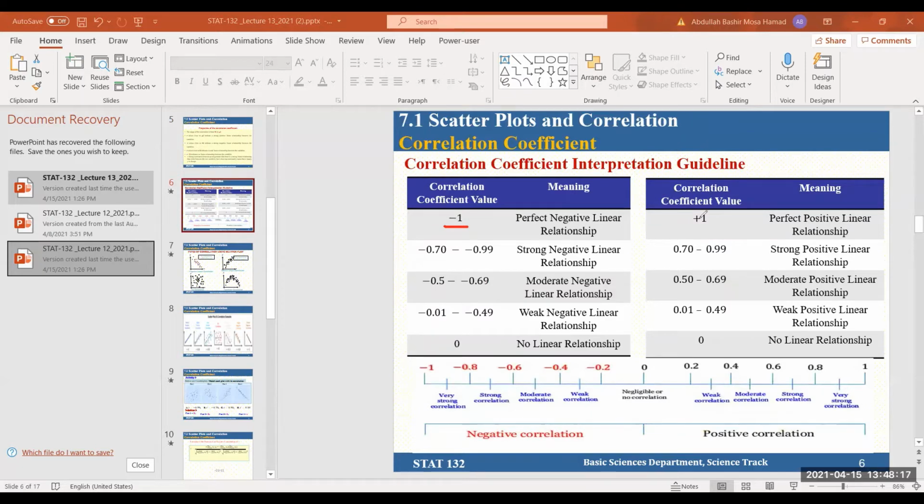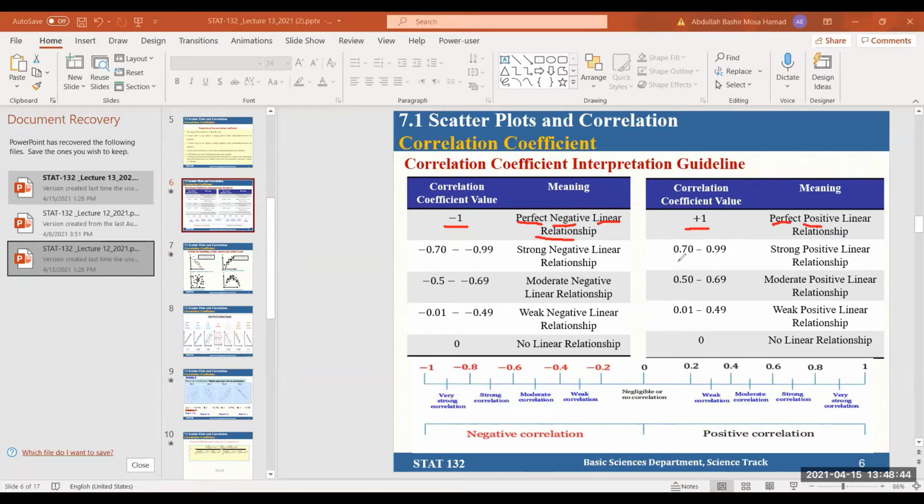In real life, we don't have this exact linear line relation in statistics, so we don't have minus 1 or 1. But theoretically, yes, and we call it a perfect negative linear relationship. If positive, it is a perfect positive linear relationship.